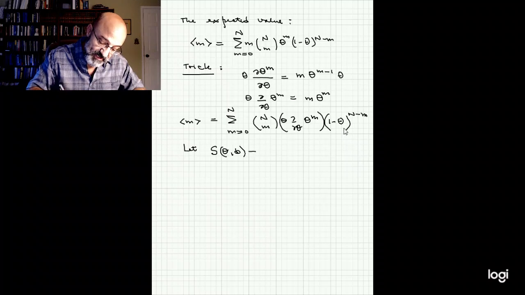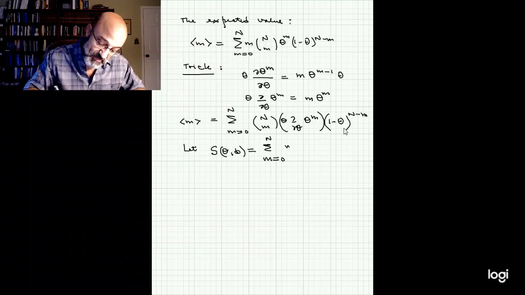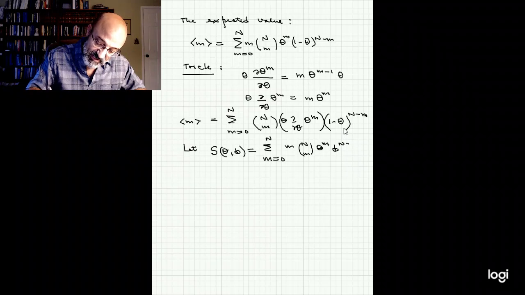It's this particular sum: the sum of n choose m, theta^m, phi^(n minus m).